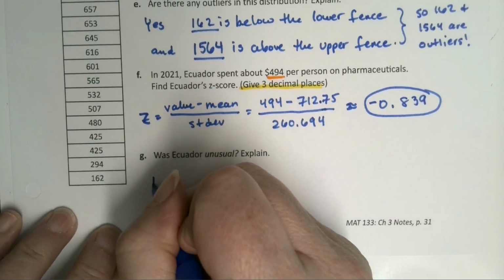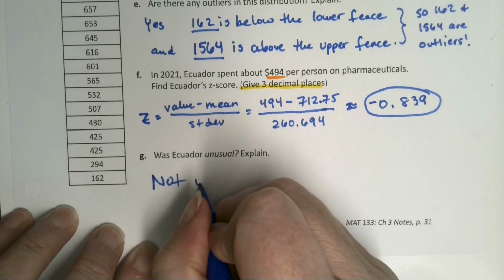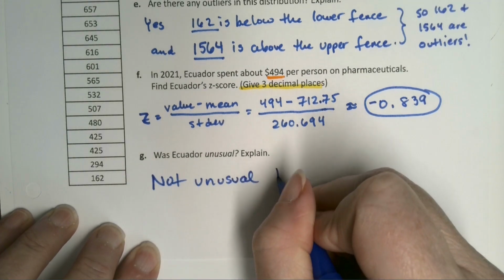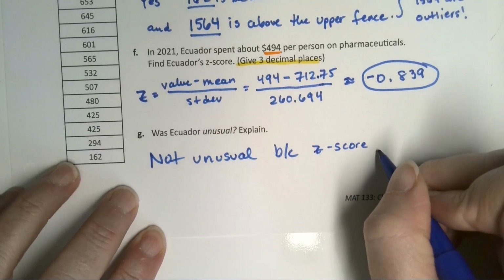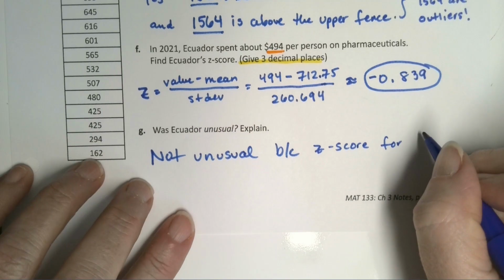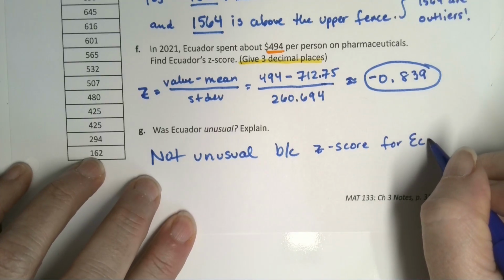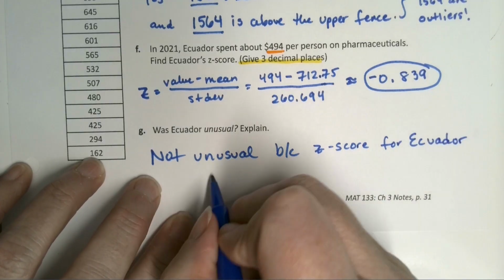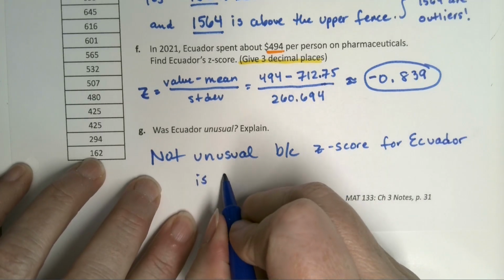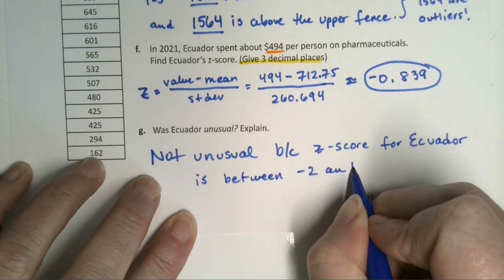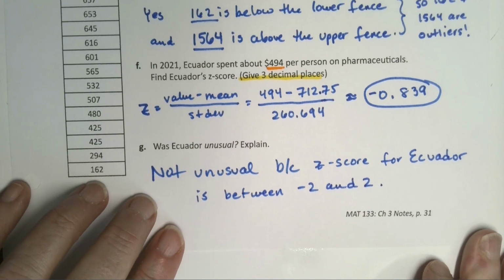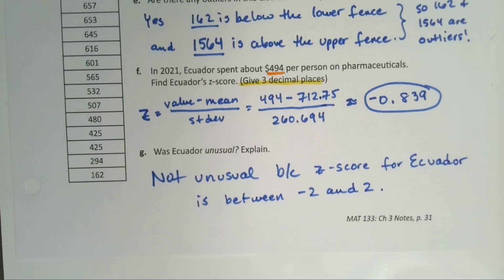So because the z-score for Ecuador, which is a lovely country in South America, it has the Galapagos Islands, is between -2 and 2. And that is not unusual. Right? To be unusual, you got to be outside of that zone.